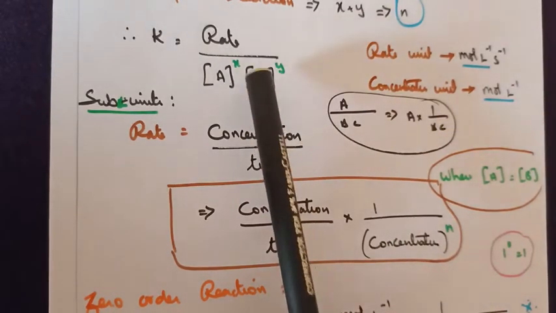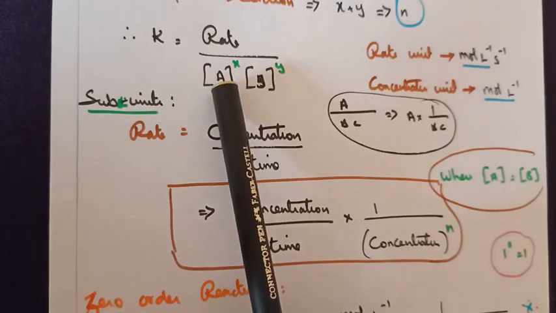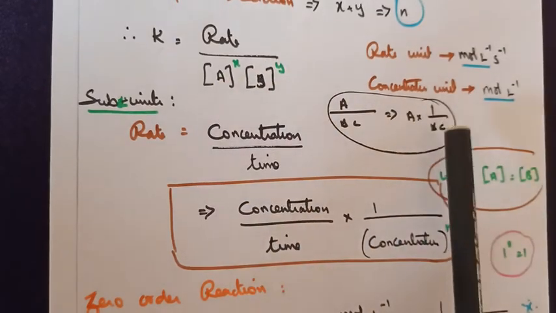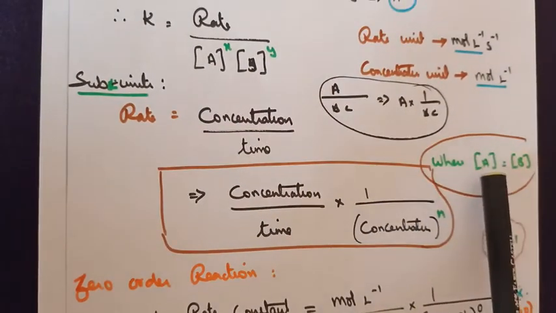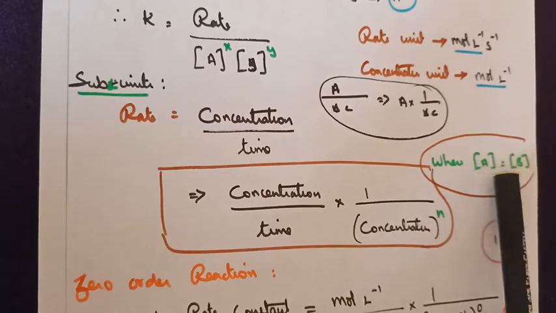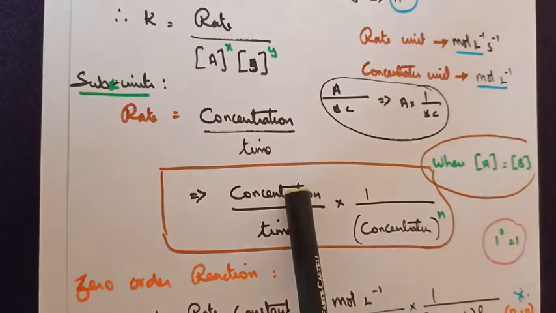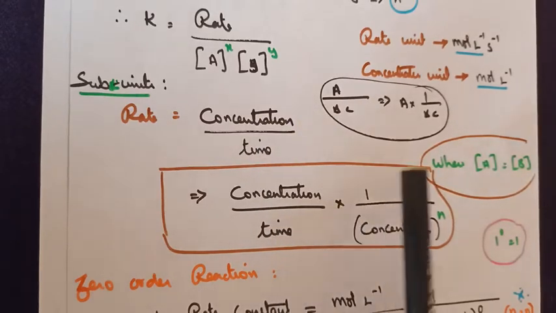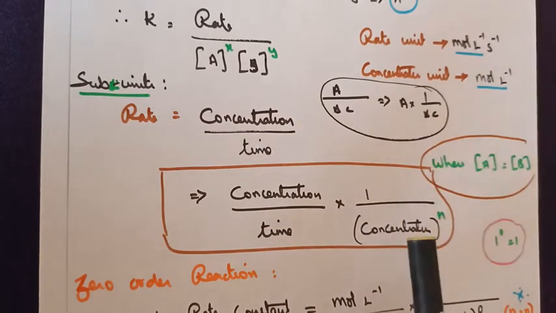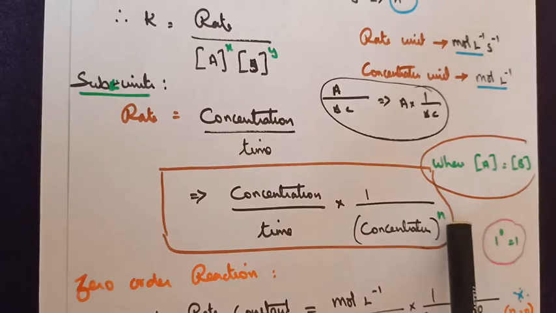So rate into 1 by concentration of A into concentration of B. Since the concentration of A is equal to that of B, if we consider it, only one is enough to write down. So rate value into, in place of 1 by the concentrations, I'm just writing concentration to the power n. From where do we get this n?